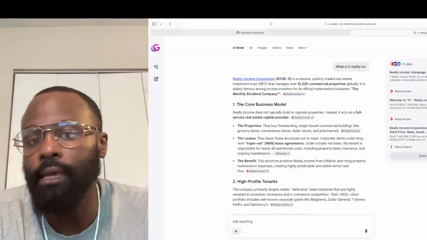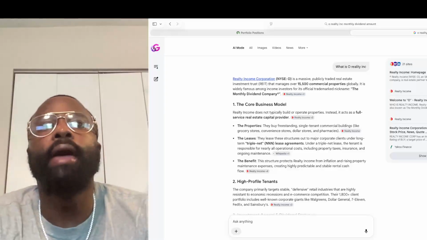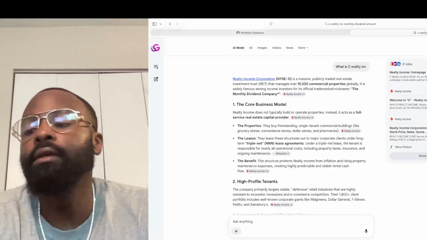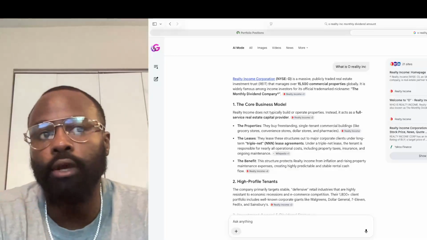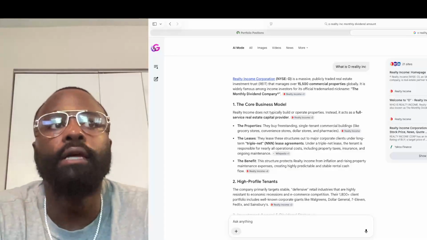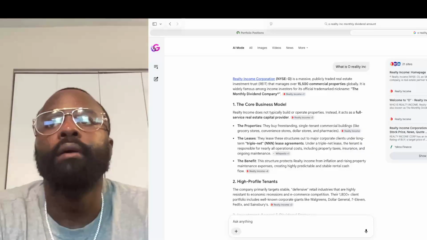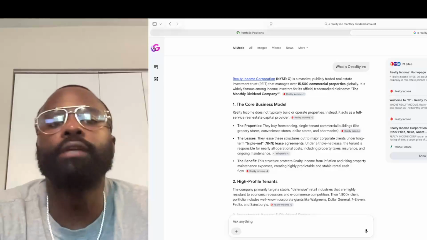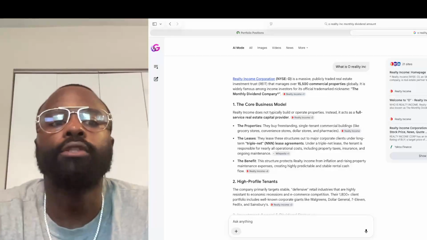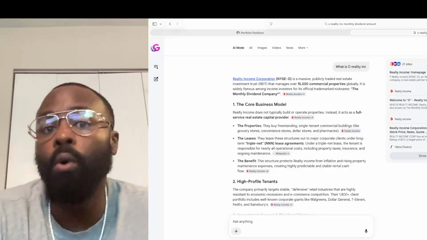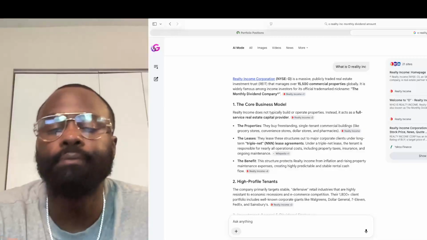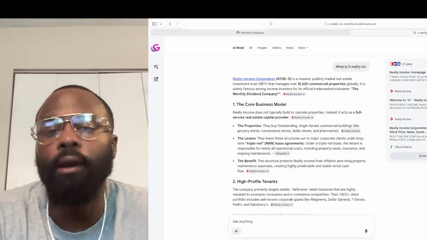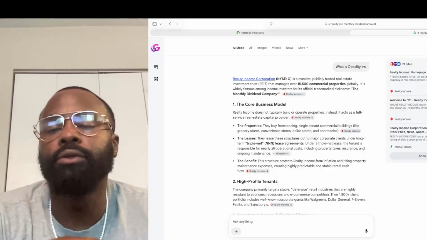Which means, when I read that, the money that the REIT is getting does not have to go out for additional expenses. So that is more money that is allowed to go into income, and the more that portfolio grows, guess what? The more income I as an investor can get.